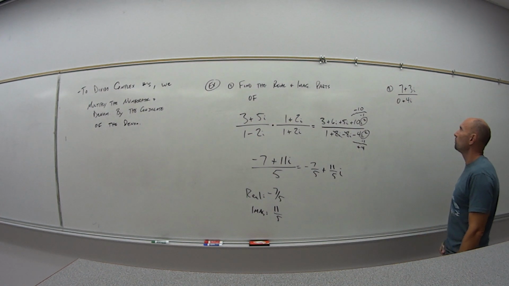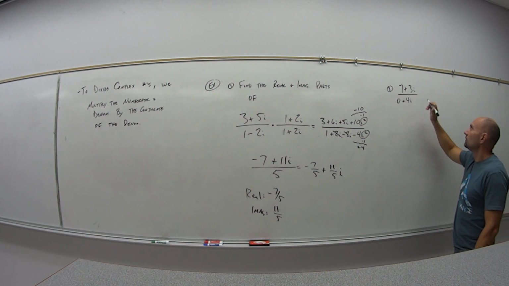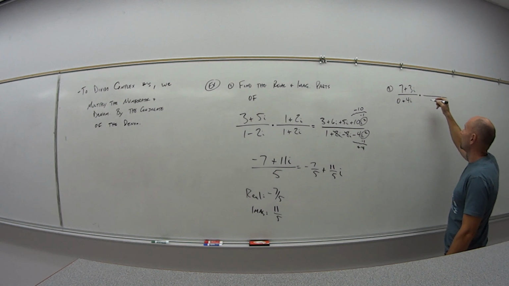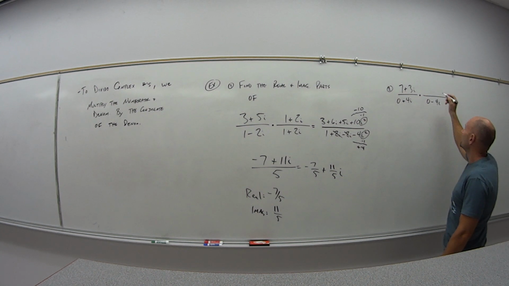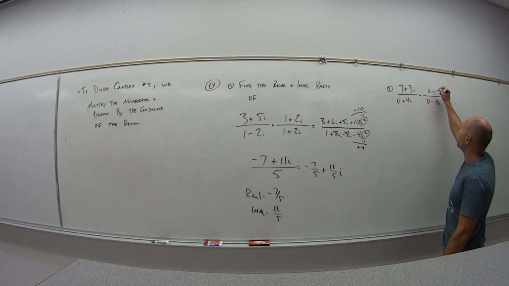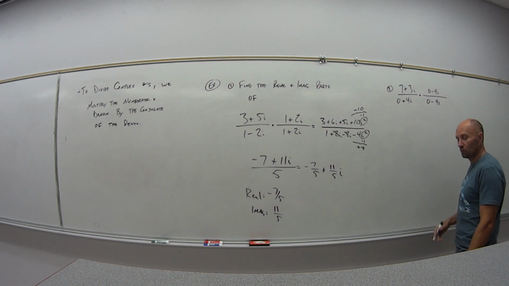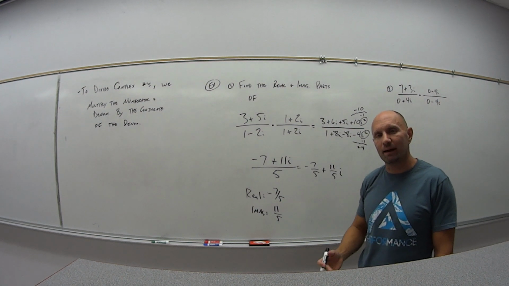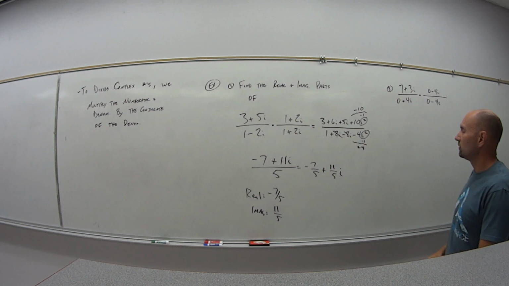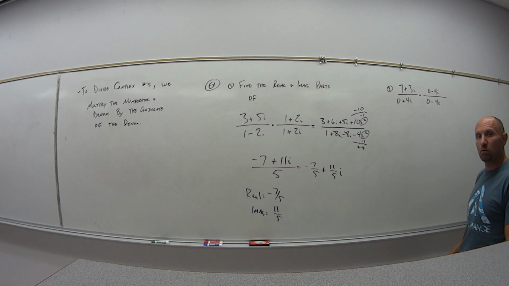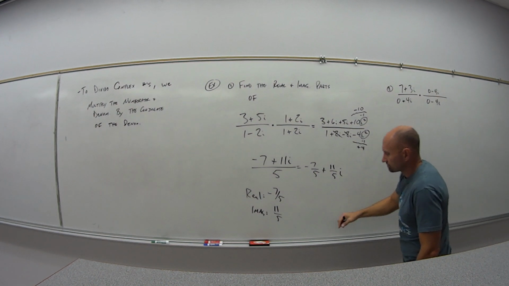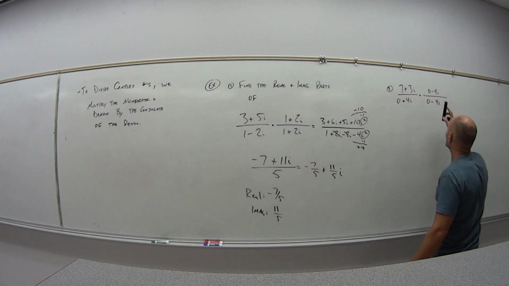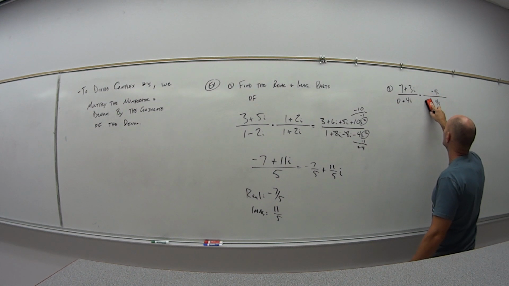If I do 0 plus 4i, then my conjugate is what? 0 minus 4i. So if you want to put that 0 in there, that's fine. So now go ahead and simplify this if you hadn't hit pause before. Otherwise, what do we have? Well, I'm going to erase this 0 to avoid a little confusion here.